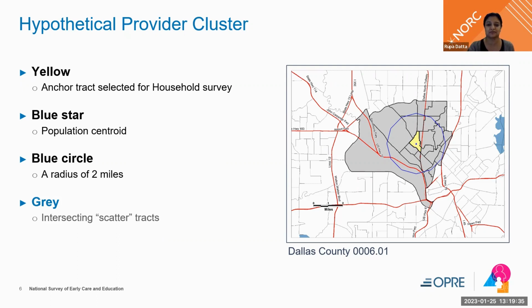So the number of household interviews in a given provider cluster is often fairly stable across the country, while the number of provider interviews in that cluster can vary widely.